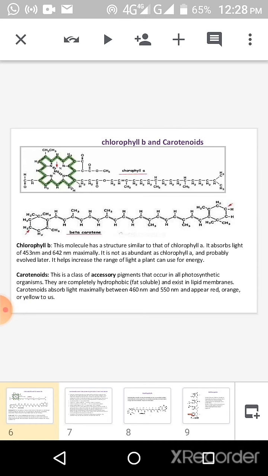Carotenoids are a class of accessory pigments that occur in all photosynthetic organisms. They are completely hydrophobic, fat soluble as can be seen from the carbon chain, and they exist in lipid membranes. Carotenoids absorb light maximally between 460 nanometer and 550 nanometer. They appear red, orange or yellow to us.